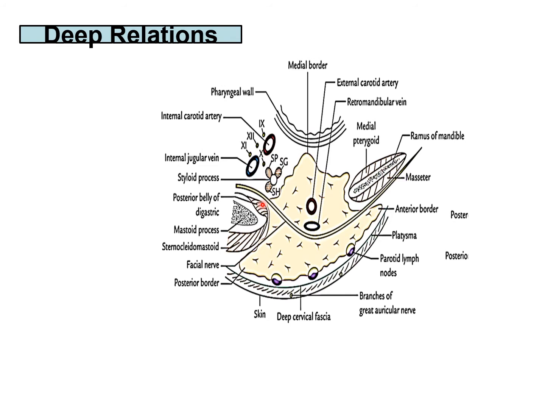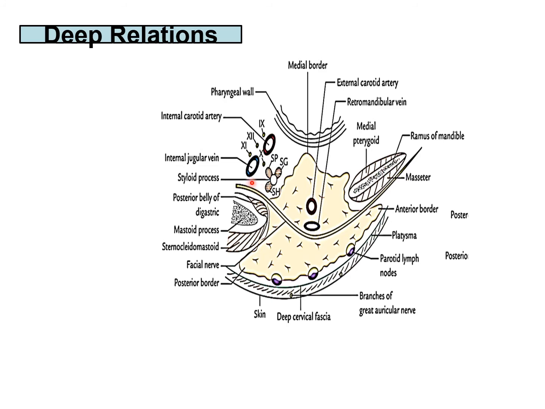The structures which are related to posteromedial surface of parotid gland are the mastoid process with the attachment of sternocleidomastoid and the posterior belly of digastric, the styloid process and the muscles which are attached to it consisting of the styloid apparatus.